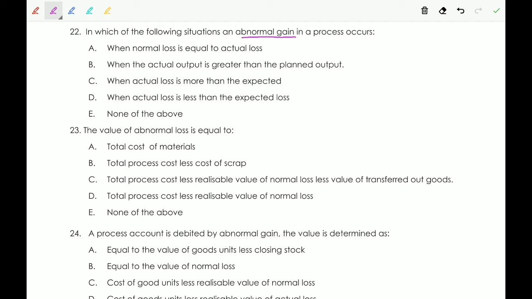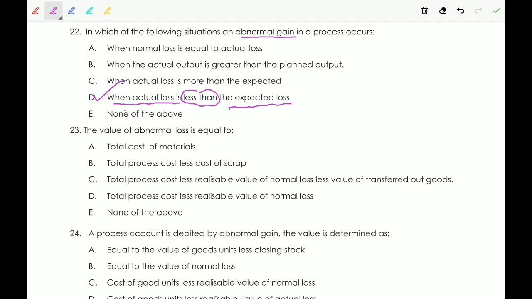No. When actual loss is more than expected? No. When the actual loss is less than the expected loss? Yes, abnormal gain is when actual loss is less than the expected loss. Abnormal gain means saving in normal loss. So that is the answer.